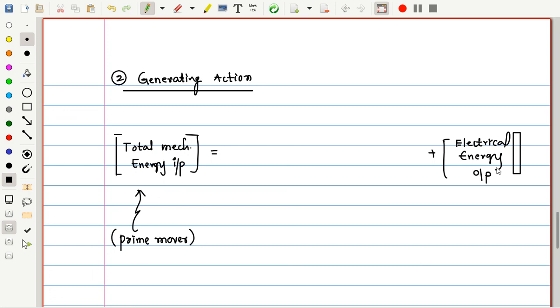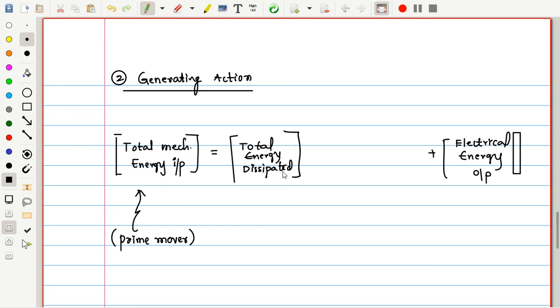Next, there will be, as usual, losses. So the loss component will be there, the total energy dissipated, dissipated in the form of various things.